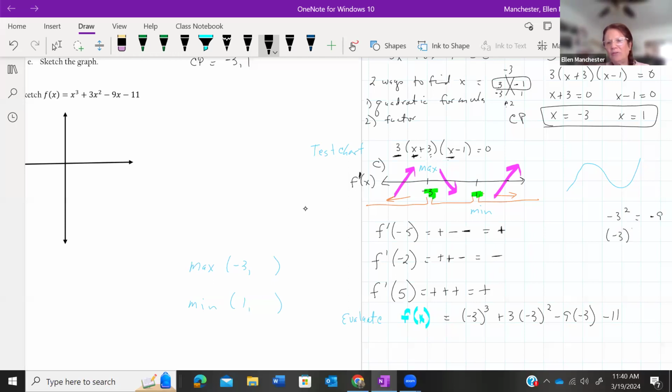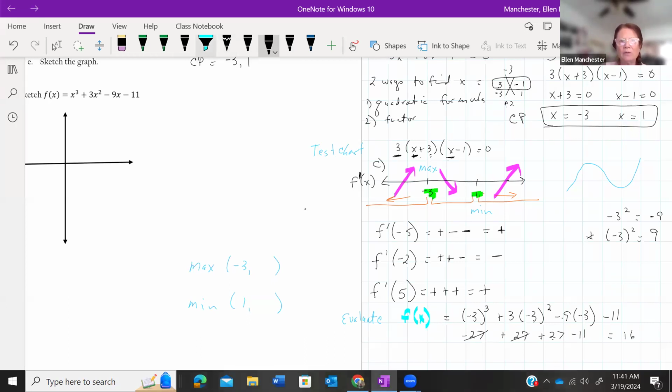If you plug it in with them, it's going to give you +9. So this is the correct way to put it into your calculator. All right. So here we go. -3 cubed is -27. -3 squared is 9, times 3 is +27. -9 times -3 is +27, minus 11. So I can eliminate one set. 27 minus 11 is 16.